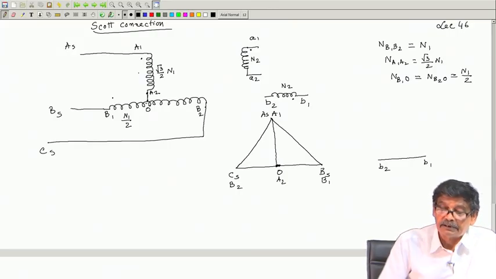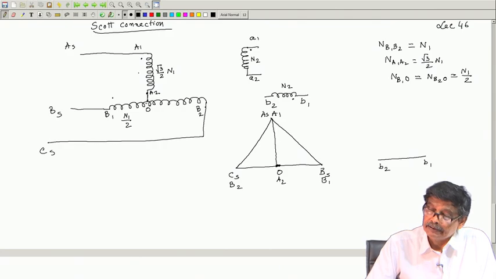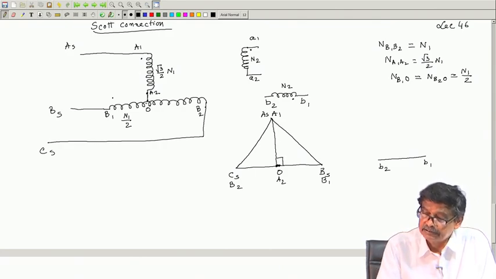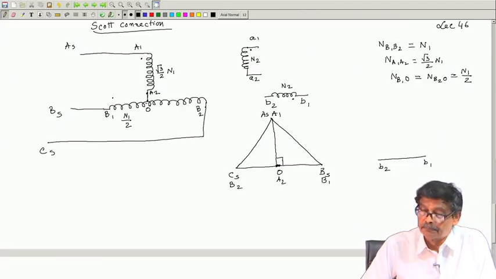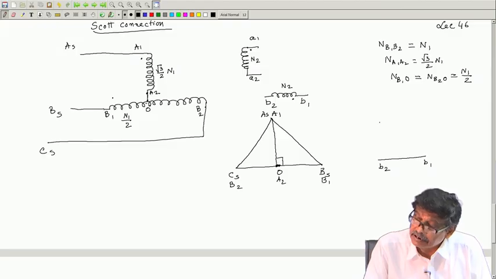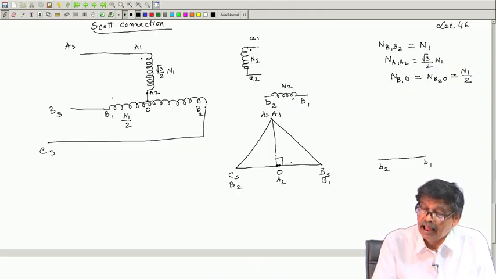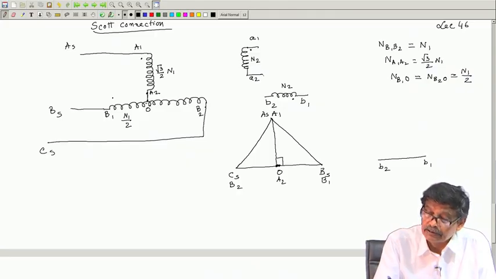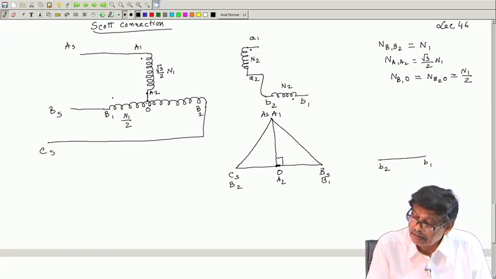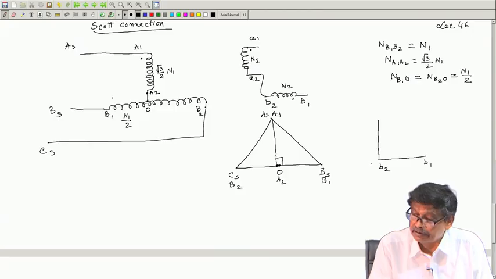Therefore, voltage applied across the primary of transformer A is this one, which is at 90 degree to voltage applied to the transformer primary B. Therefore, you will get a voltage here which will be parallel to A1 A2, and if you join this A2 and B2, then the phasor diagram tells you that this will be A1, this will be A2.